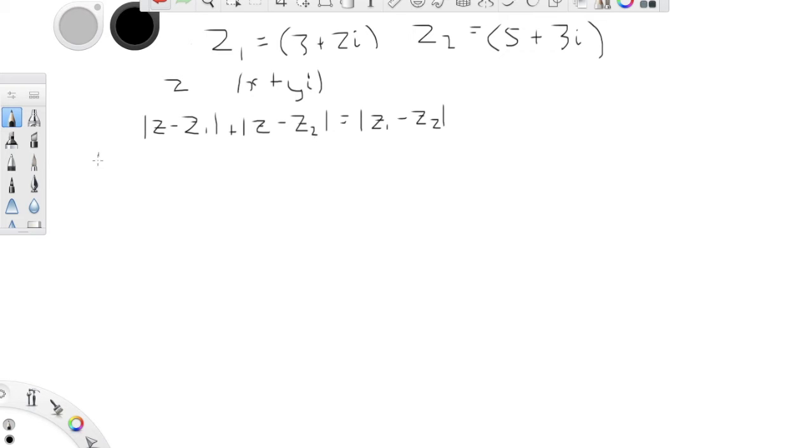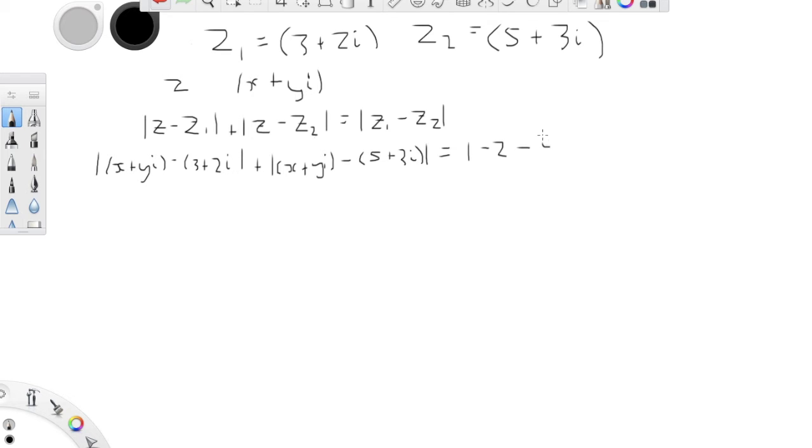So we have here: x plus yi minus (3 plus 2i), plus, once again, x plus yi minus z2, so that's minus (5 plus 3i), equals, and we can just figure this one out, z1 minus z2, so that's 3 minus 5, equals negative 2, plus 2 minus 3, negative i.